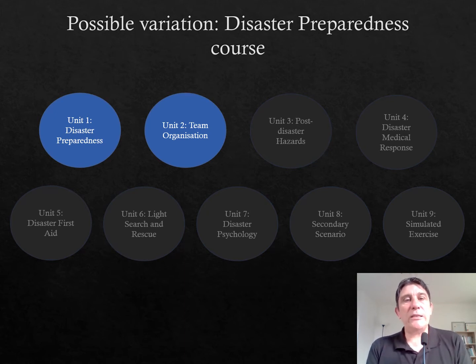So in this case, we could take, for example, units 1 and 2, that's disaster preparedness and team organization. We'd still teach them the same way in the immersive scenario-based teaching method. And at the end of those first 2 courses, which maybe could be done on a weekend or maybe even one day, they would then receive their first certificate.